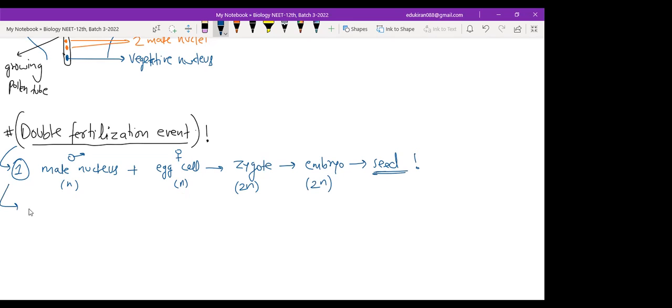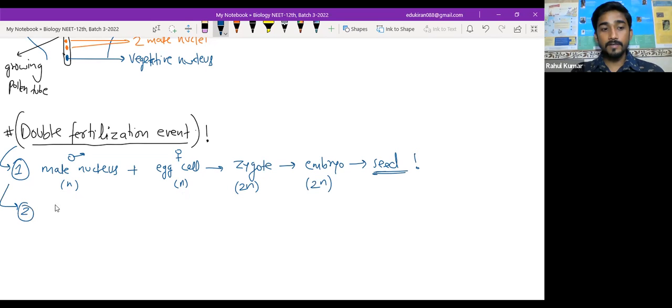Yes, sir. There is another fertilization that happens, where, I'm writing this as male nucleus 2, which is of course a male nucleus and haploid, it fertilizes with polar nuclei.